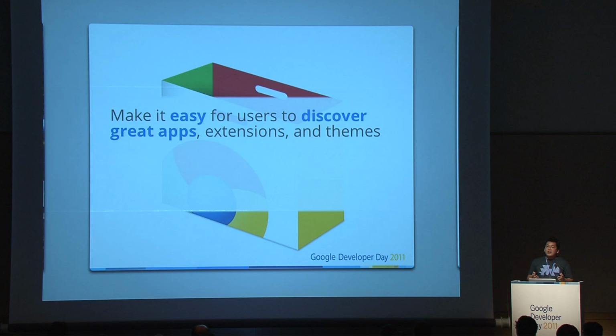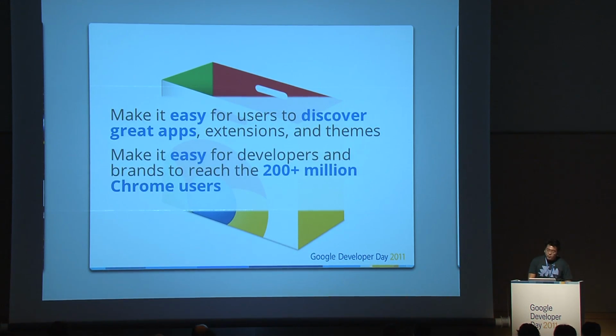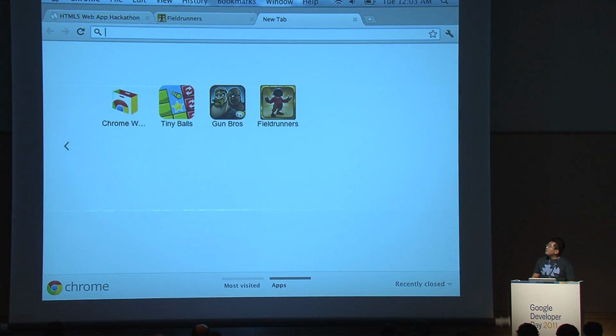It's a place that allows users to discover great web apps, extensions, and themes for Chrome. Also, we have over 200 million installed users for Chrome as of this point. So you can easily reach all of these users if you distribute your web apps through Chrome Web Store. If you've ever noticed, when you open a new tab, Chrome Web Store is displayed front and center for all of your users to see.